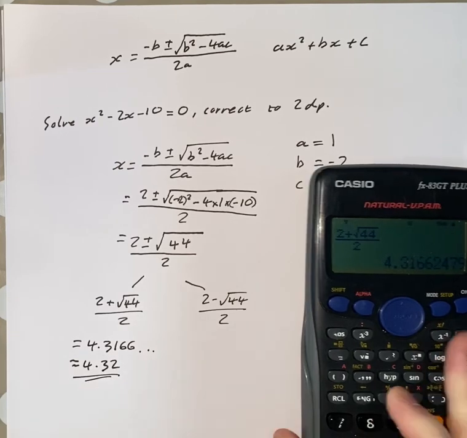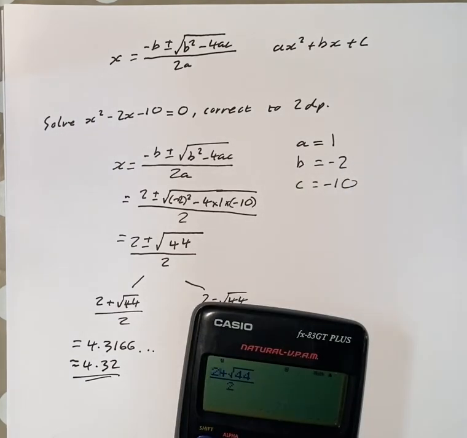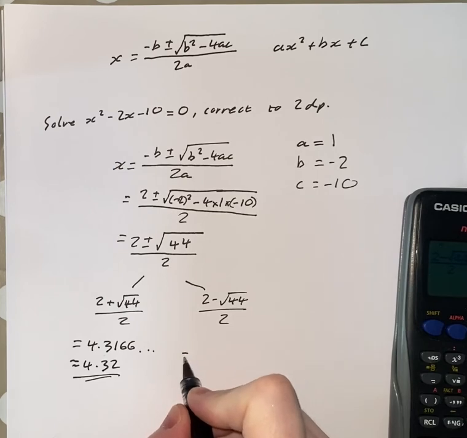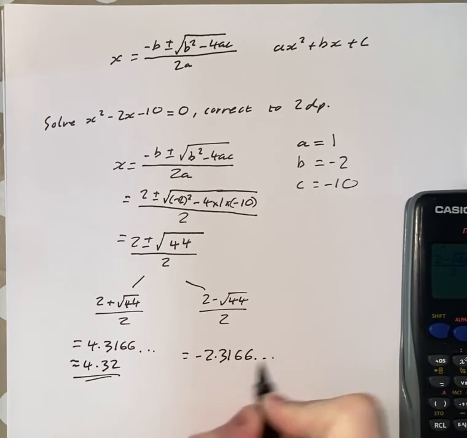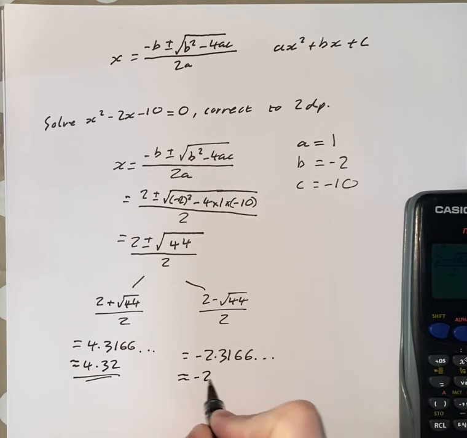And there's one of our answers, and all we've got to do now is go back in, change that plus to a minus, and this time we get negative 2.3166. And again, 2 decimal places, so negative 2.32.